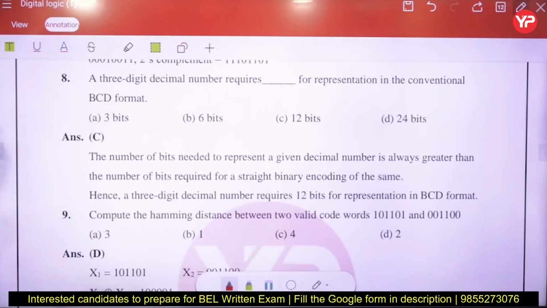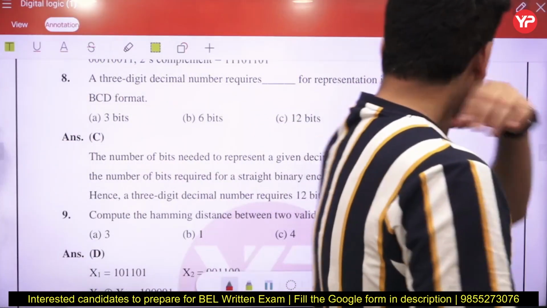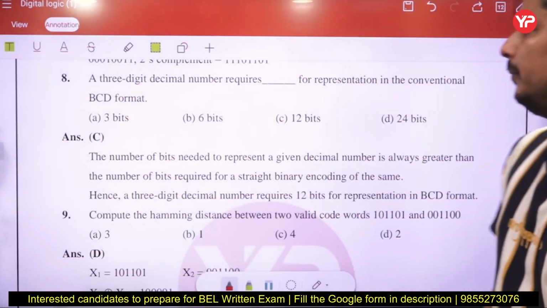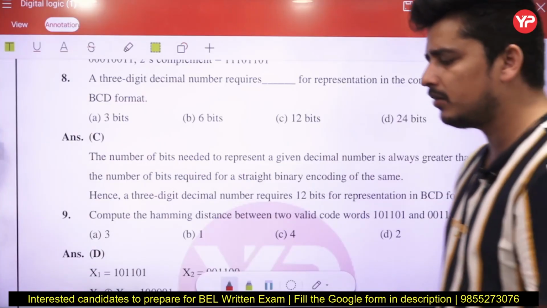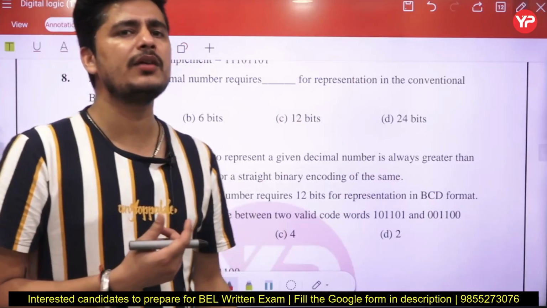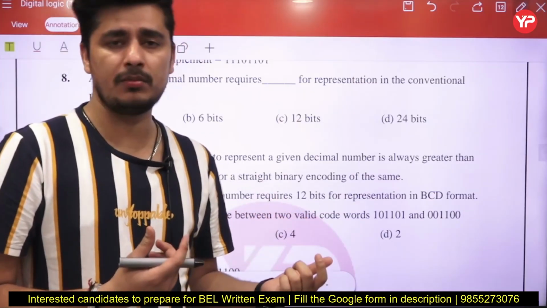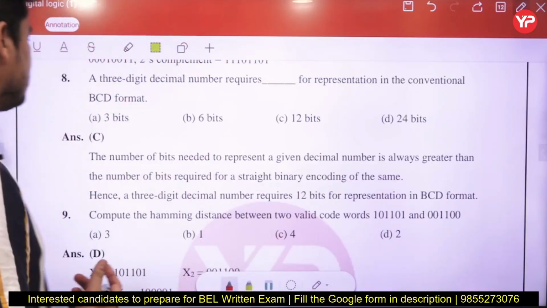A 3-digit decimal number requires how many bits for representation in a conventional BCD format? See, if you have a 3-digit decimal number, each digit of a decimal number can be represented by 4 bits of a BCD binary number. So 4, 4 and 4. So total is how much? That will be 12.